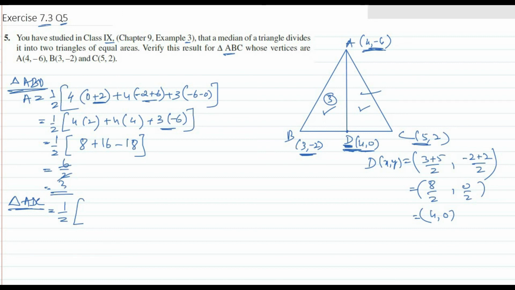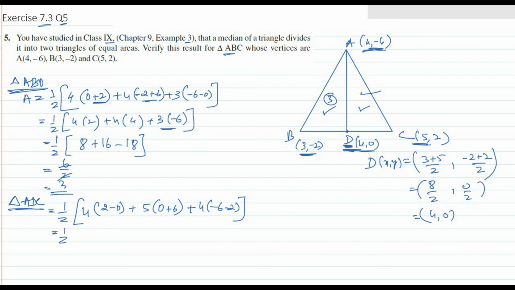So 4 into y2 minus y3, that is 2 minus 0. Plus x2, that is 5, into y3 minus y1, that is 0 minus of minus 6. Plus x3, that is 4, into y1 minus y2, that is minus 6 minus 2.